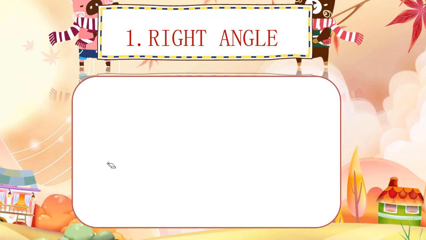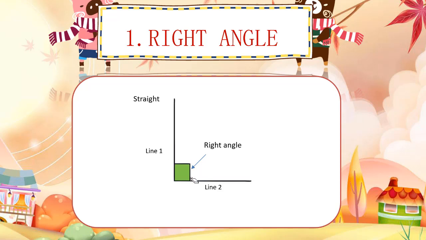So today's lesson is about types of angles. The first angle we're going to learn today is a right angle. So what does right angle mean? Let's have a look at the picture right now. As you can see, there are two straight lines, but line number 1 stands straight towards line number 2, and creates a right angle, a small square here.